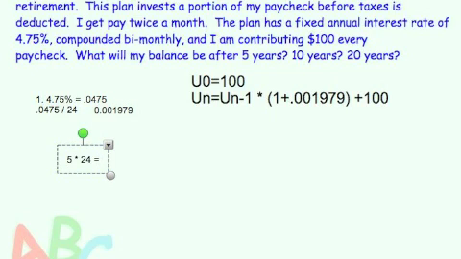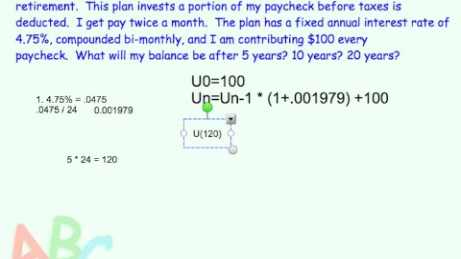So 5 times 24 is 120. So the term that I'm looking for is the 120th term. I'm looking for u sub 120. So type the recursive routine into your calculator and then find u sub 120.